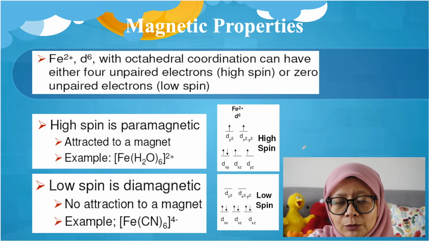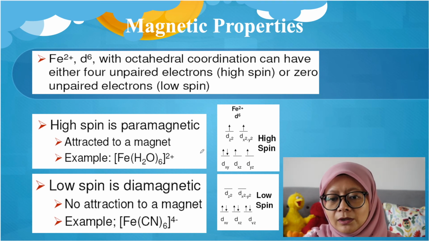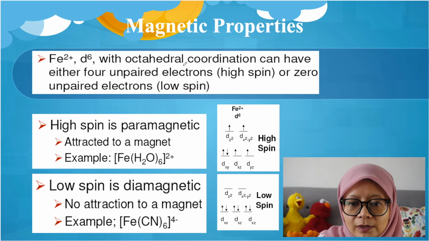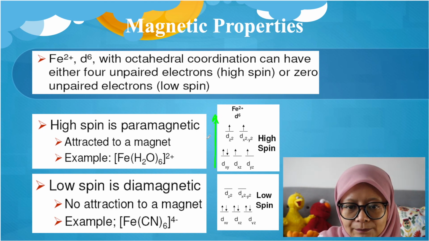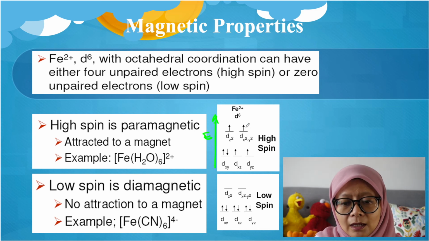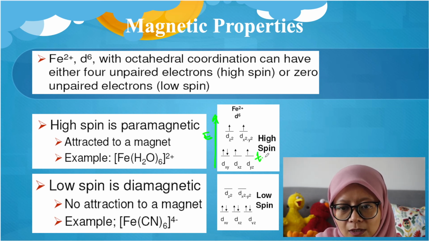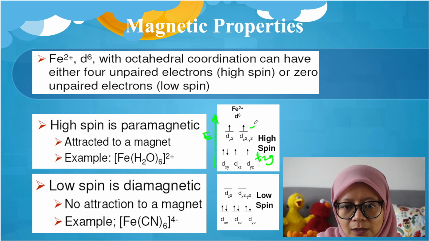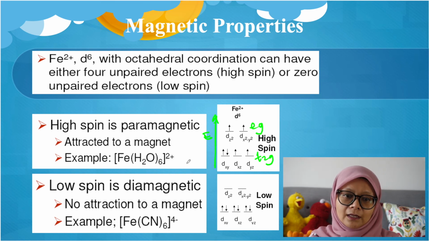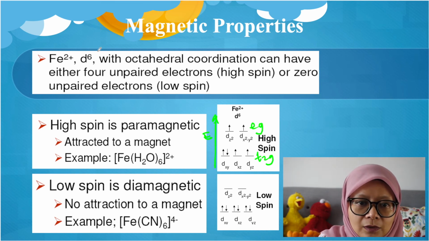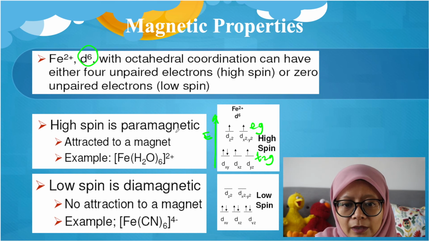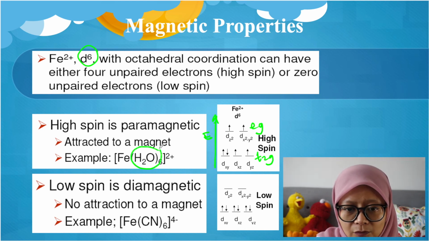In order for you to draw the diagram of this compound, first thing, as usual, don't forget the energy axis. And then you need to have the t2g energy level and also the eg, and because this is a 3d6 with the presence of weak field ligand, most of the time it will become high spin.